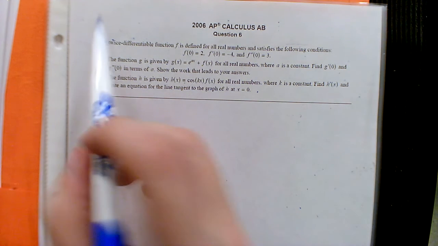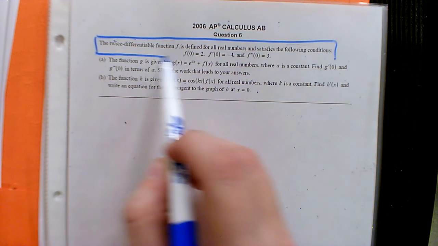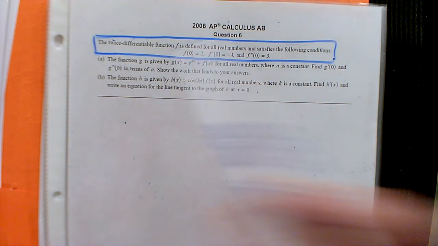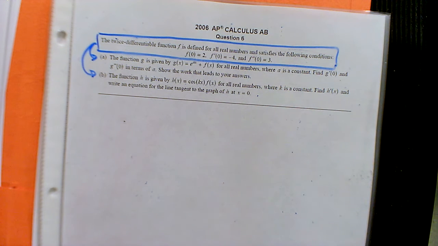So the whole thing about a free response question is they normally give you some direction or tidbit of information at the top, and this information applies to every single part that you have. Not that you have to use it or you need it, but at least you know it applies to everything.